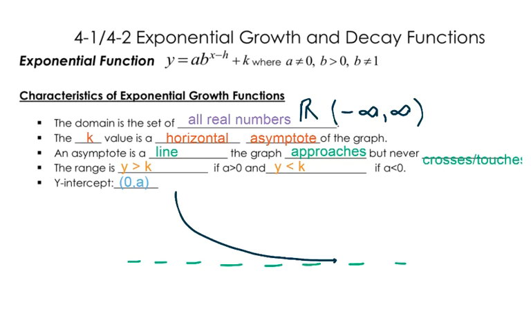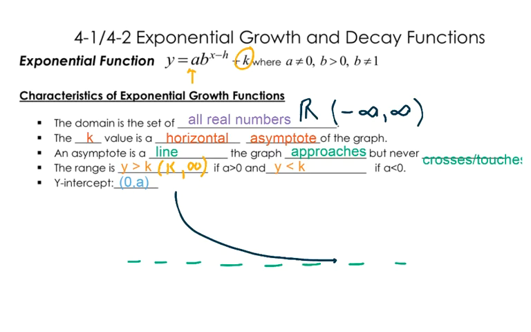Alright, the range. Remember, the range is how wide the graph is. So the range is either going to be y is greater than our k value. Here's our k value. If a is positive, it would look something like this. The range would be k to infinity.